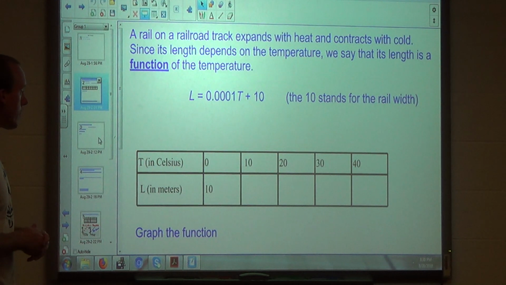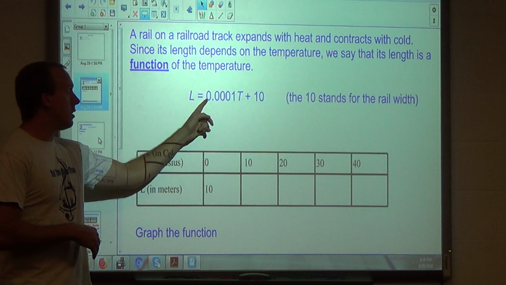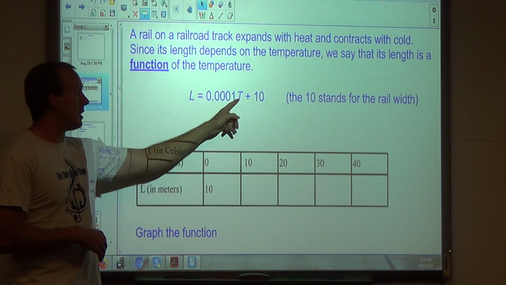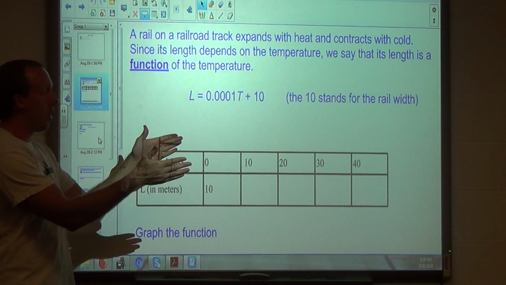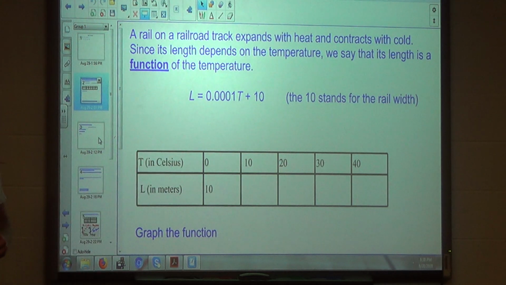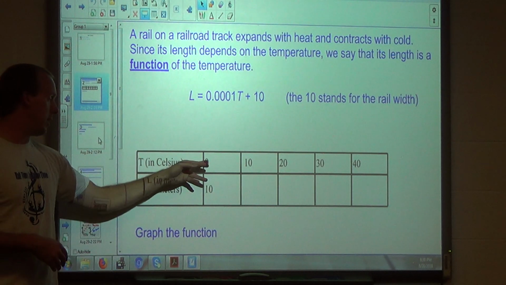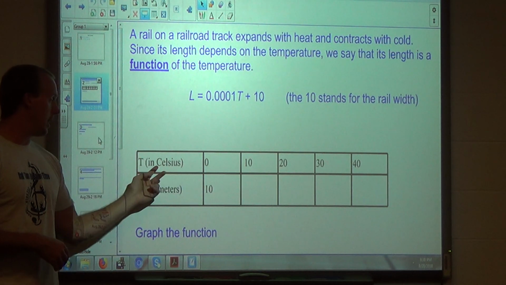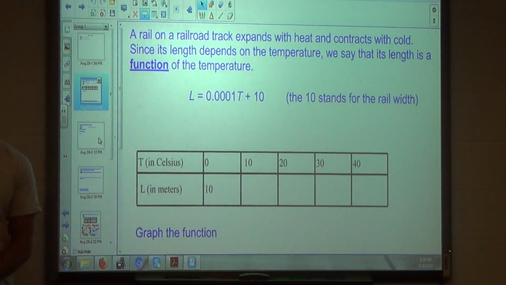So we have a function here. It says L equals 0.0001t plus 10. And the 10 stands for the original width of the rails. So if they gave me a function and they gave me some t values in Celsius, my degrees, how do they get this 10?